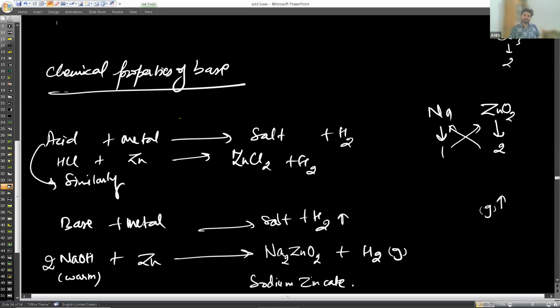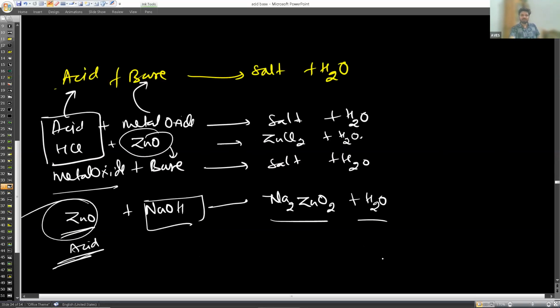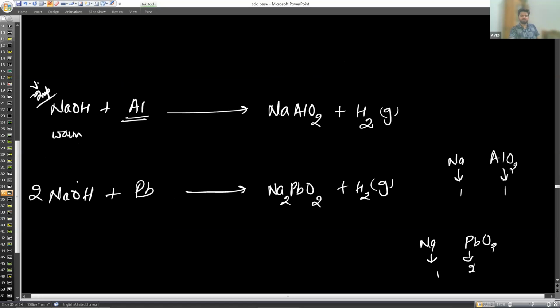So what I'm saying here is that NaOH when it reacts with Zn gives you Na2ZnO2 plus hydrogen gas. Got it? Similarly, NaOH when it reacts with aluminium gives sodium aluminate.